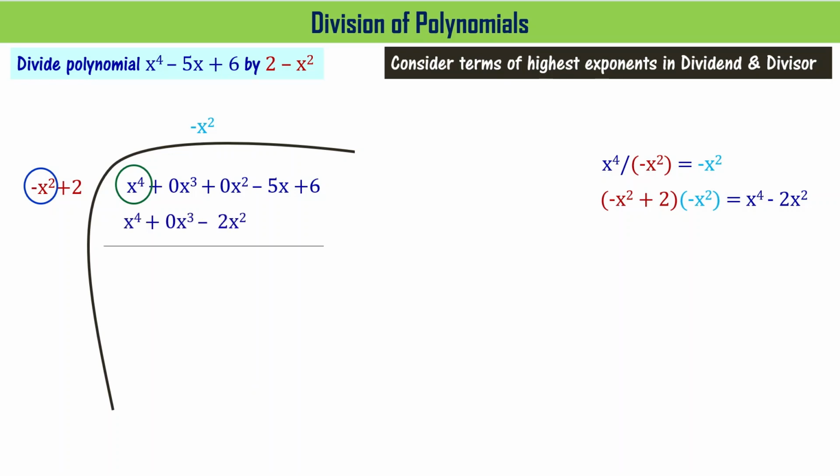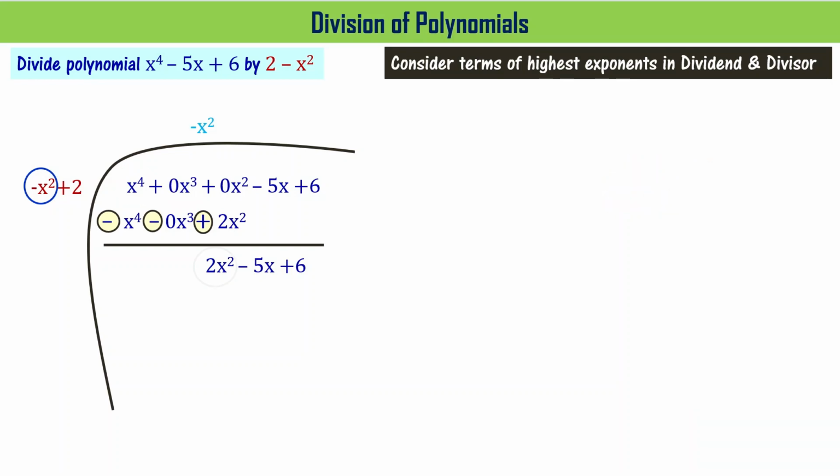When you subtract that, what you get is 2x square, and bring down minus 5x plus 6 so that the expression you have is 2x square minus 5x plus 6. Here 2x square has got the highest exponent, so let's divide 2x square with minus x square. The answer you get is minus 2. This is part of the quotient. Now the quotient has become minus x square minus 2, right?